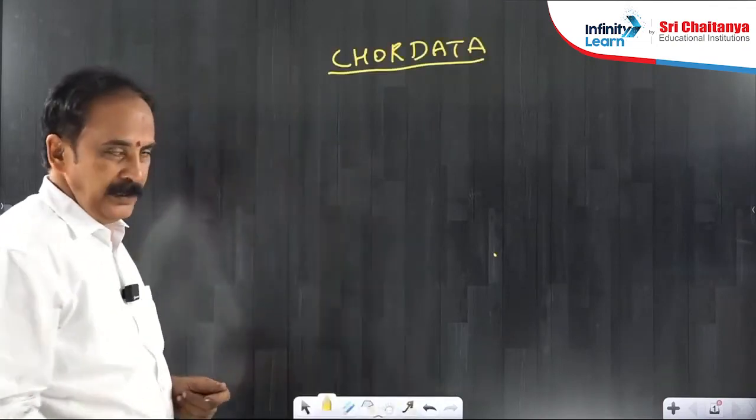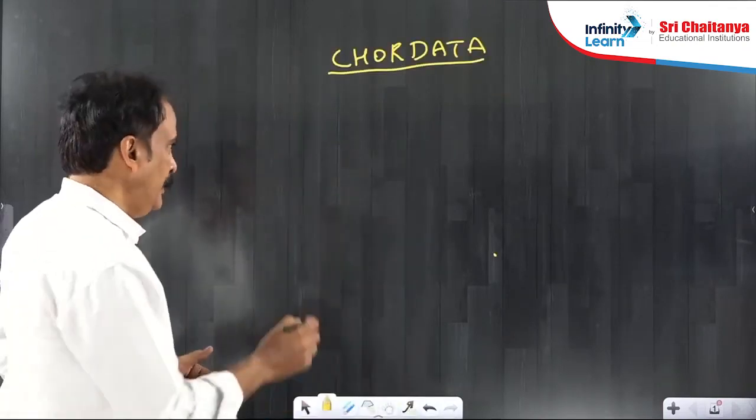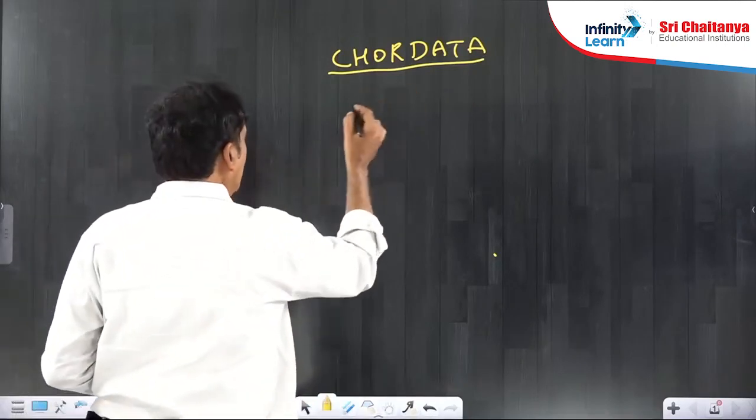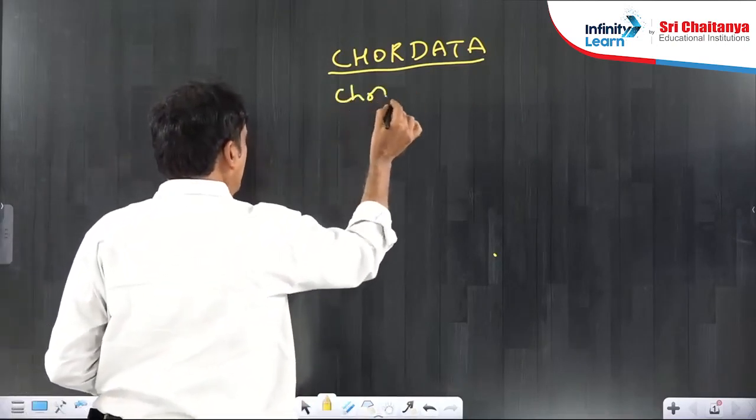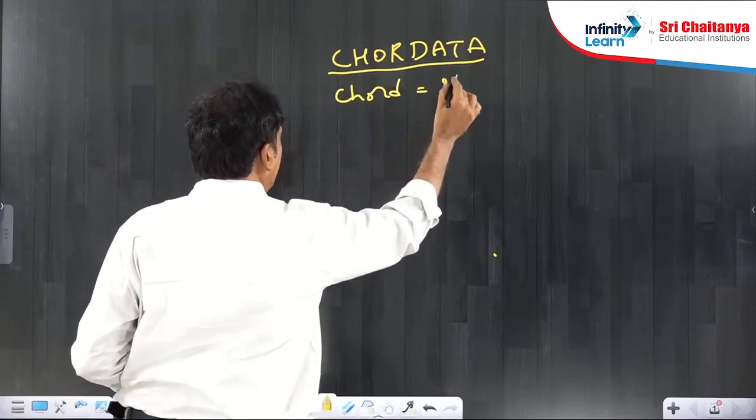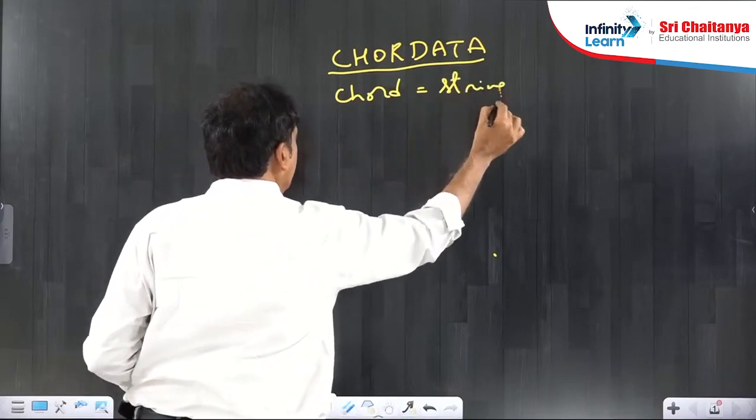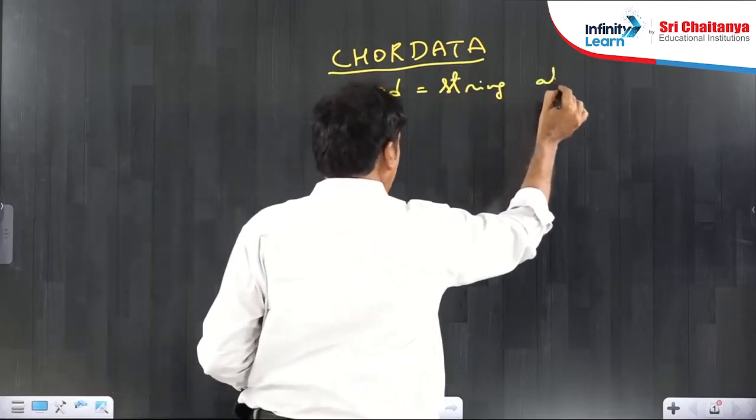Good morning. Today we try to have an idea about the phylum Chordata. The word Chordata is derived from the Greek word chorda, which means chord or string, and ata means group.